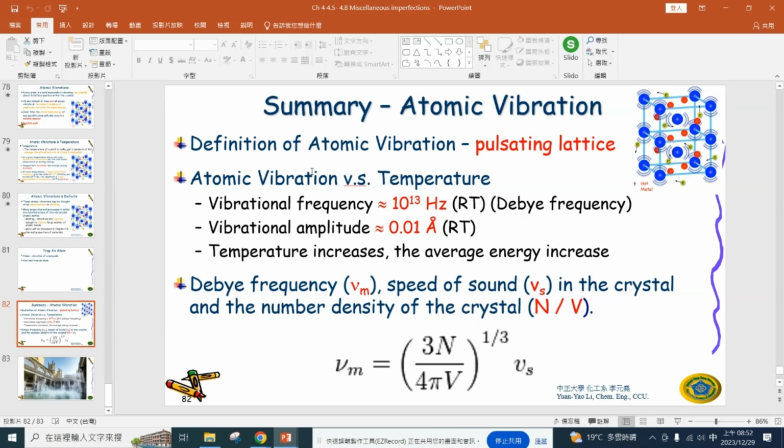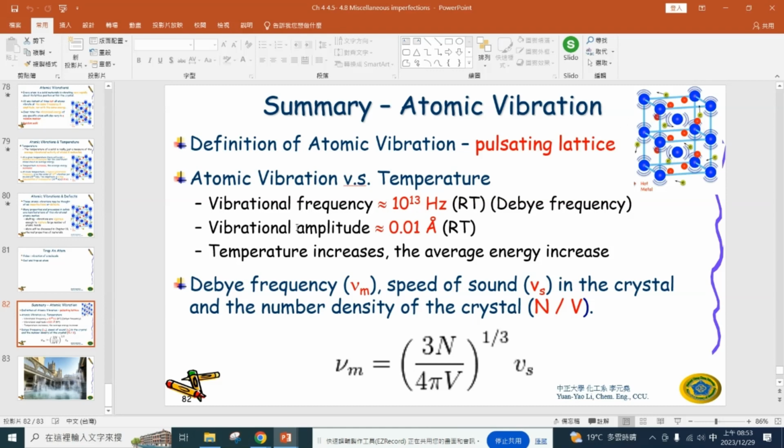Hope you still remember. The definition of atomic vibration is that atoms vibrate, and we call it a pulsating lattice. Pulsating lattice means it's kind of a random walk. Random walk means that all the atoms move in different directions, with different amplitudes and different frequencies. That's what we call a pulsating lattice.